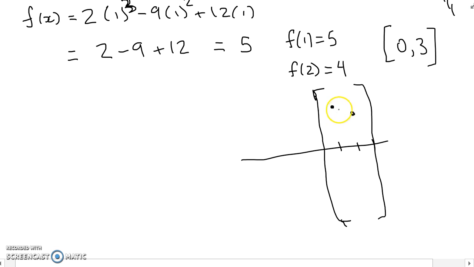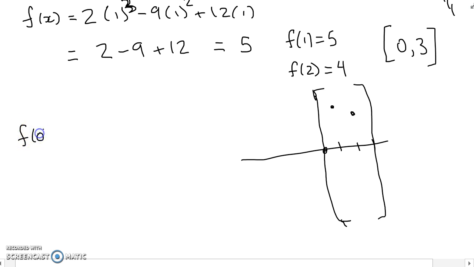Now we know that the slope is 0 for both these points, but we're not sure whether these are local minimums or maximums, or absolute minimums and maximums on the interval, because the actual y value of 0 and the y value of 3 could be greater than or less than these two points.